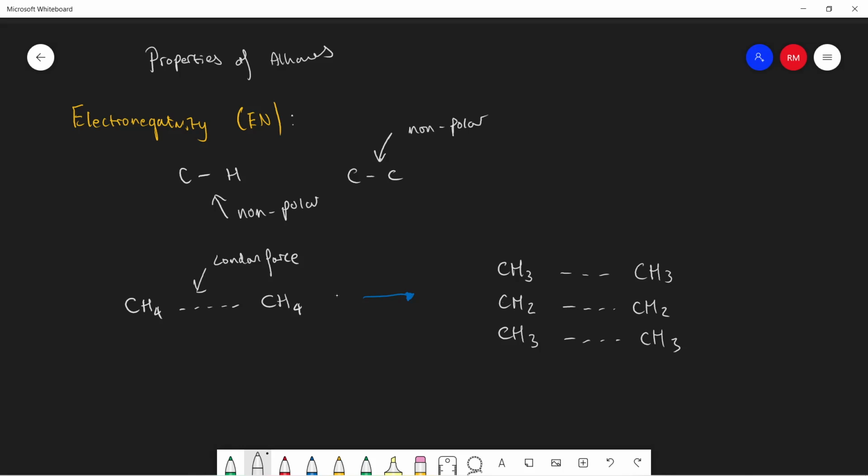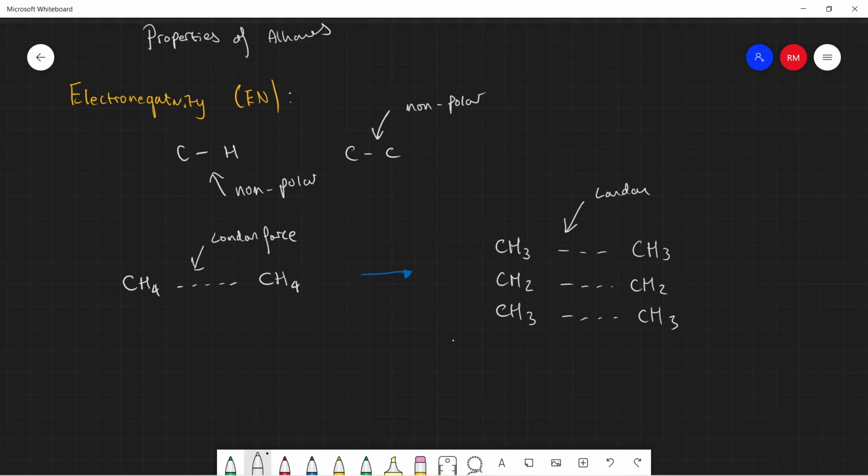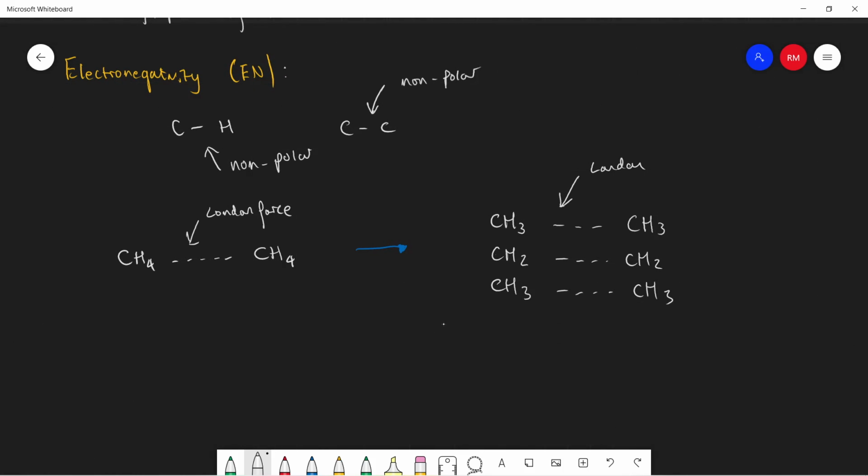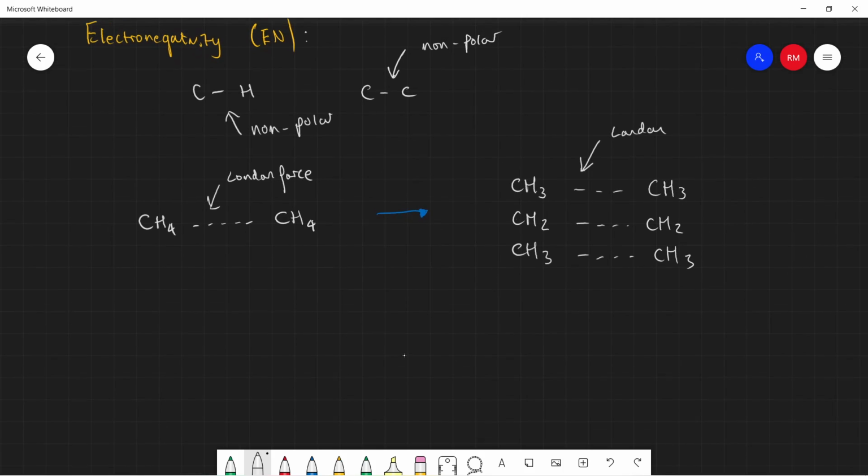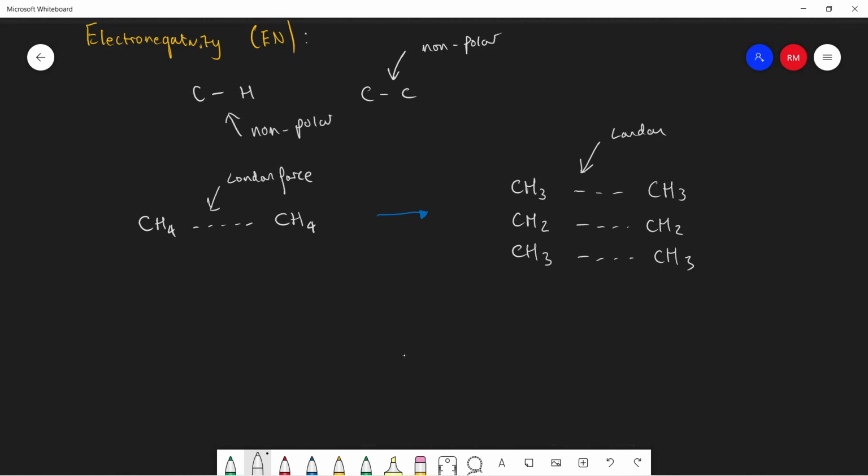And you can see here that even though the induced dipole-dipole interactions, the London forces, are still weak, there's a much greater force here than between these two CH4s. So you can obviously see now that the trend of increasing carbons will result in increasing boiling point.